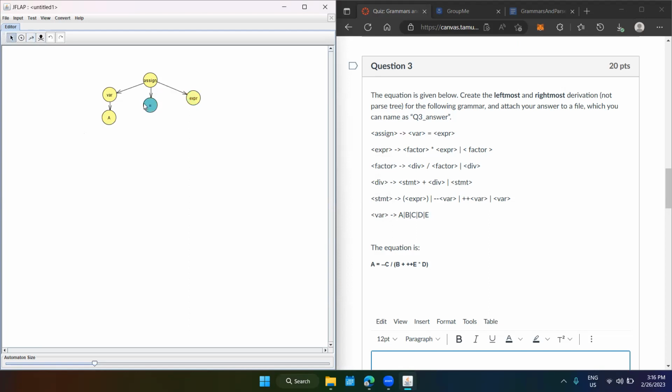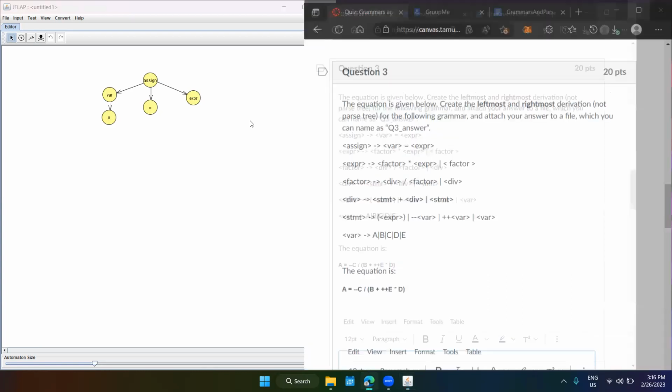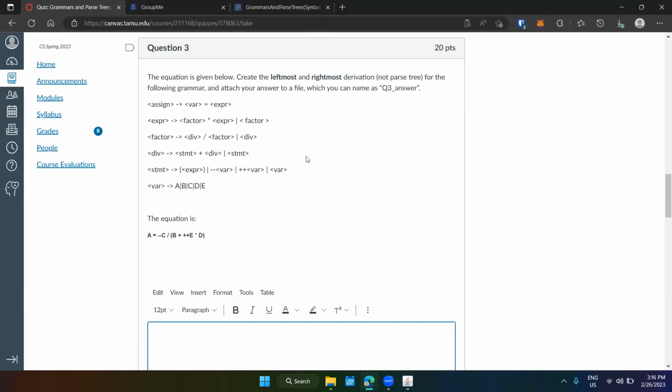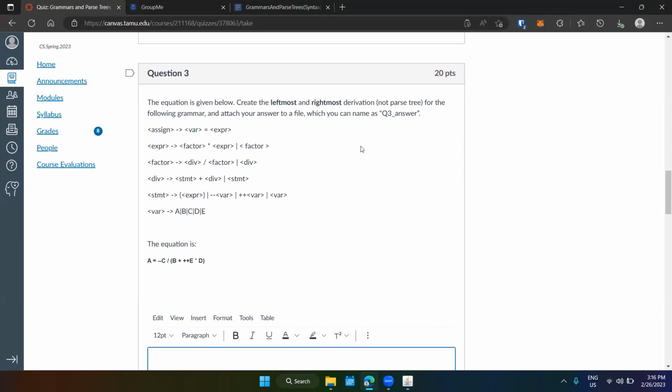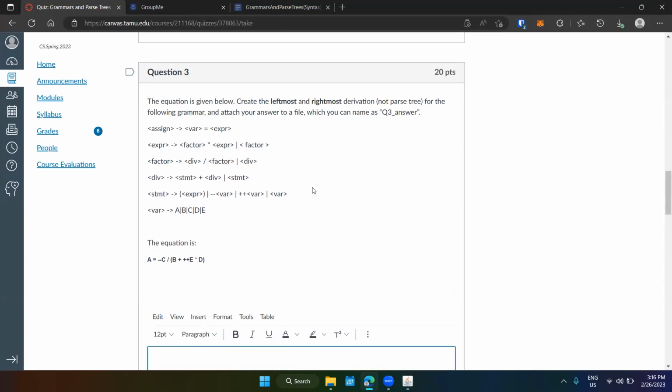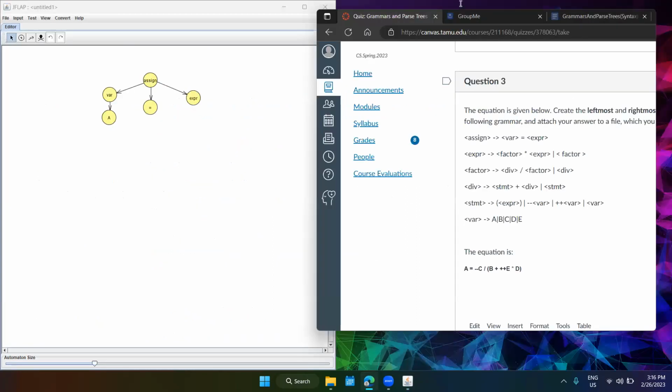Okay, all right, so is a derivation like the tree, or is it like on page 16 of the notes, where they have it written out and it replaces all of this? I think you're right, because we're doing leftmost and rightmost derivations, so we have to do each step.